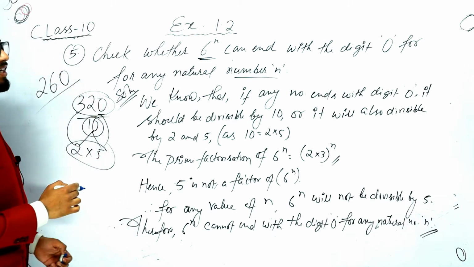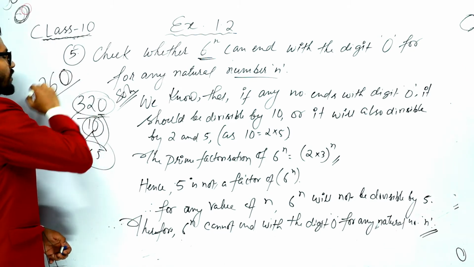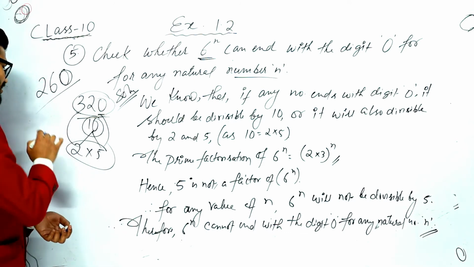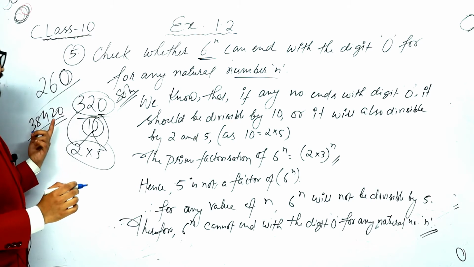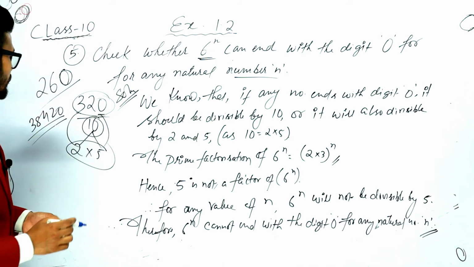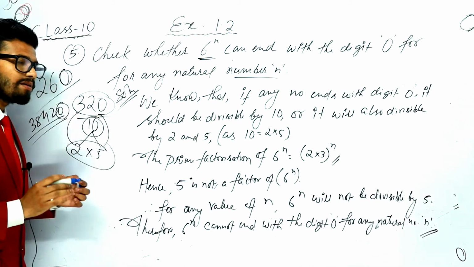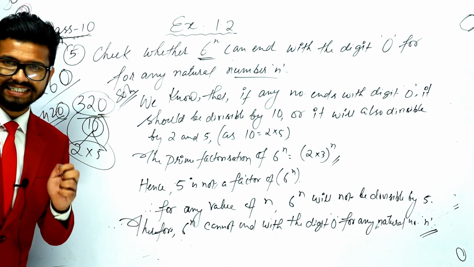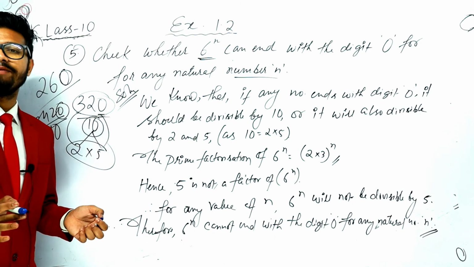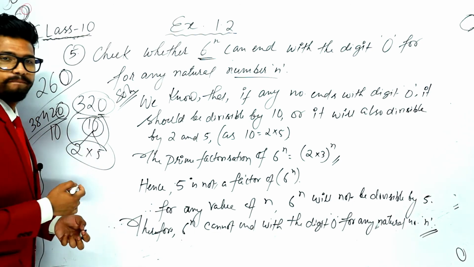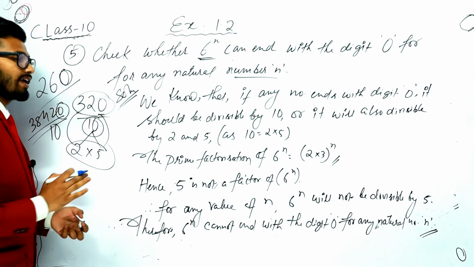You can see this number ends with 0. You can take a large number also, let us take 38420. I have taken a 5-digit number. This number also ends with digit 0. That means if a number ends with digit 0, it must be divisible by 10.